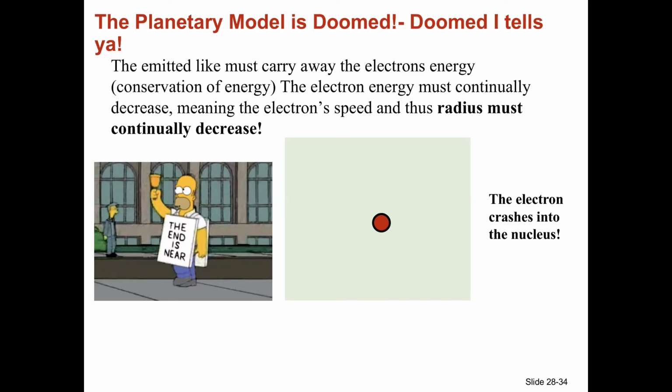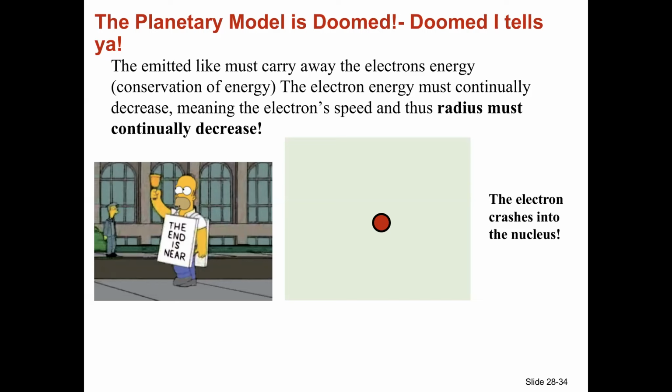If you're a good scientist and probably a very pessimistic person, you might say that. However, it's a very advanced calculation that we're not going to do in this class, but you can calculate how quickly the electron should theoretically crash into the nucleus if the planetary model was correct.